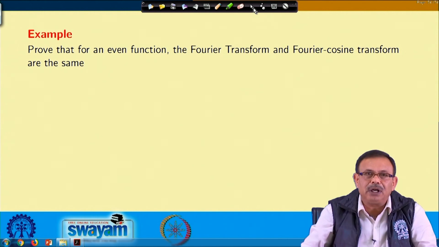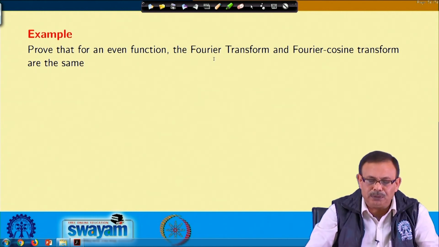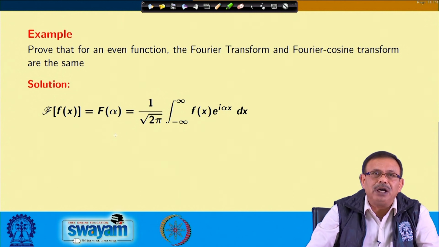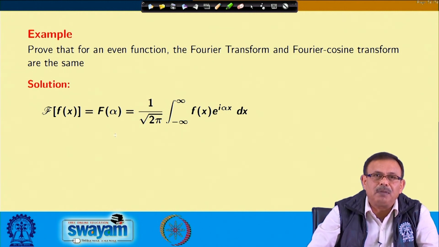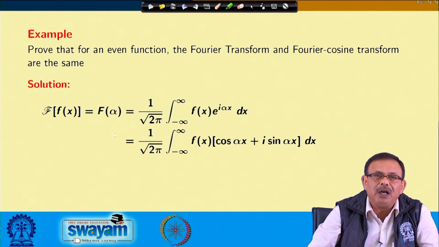Let us see it again here. We start with the Fourier transform of f x, and we write e power i alpha x in terms of cos and sine.